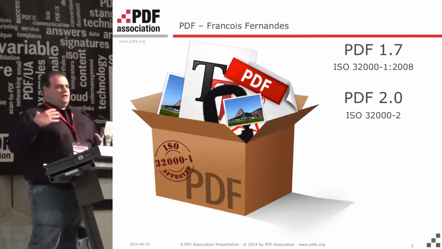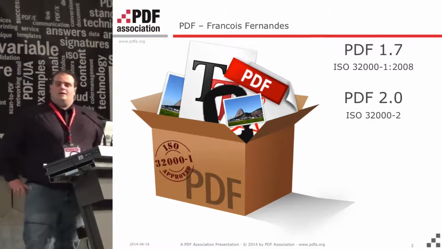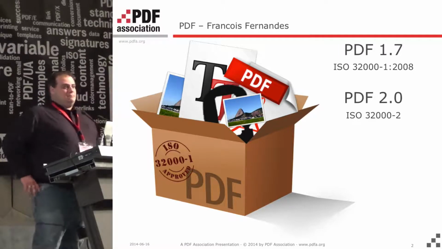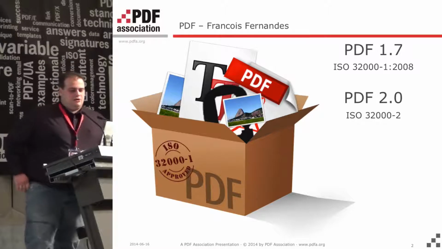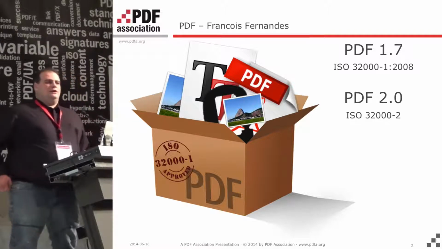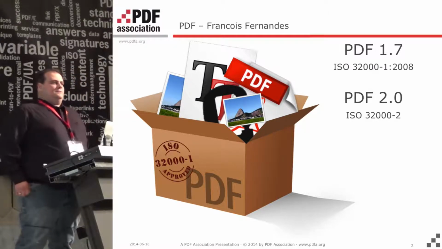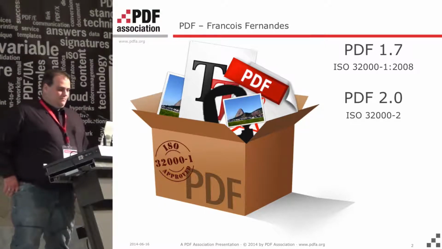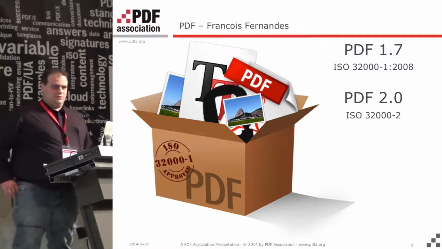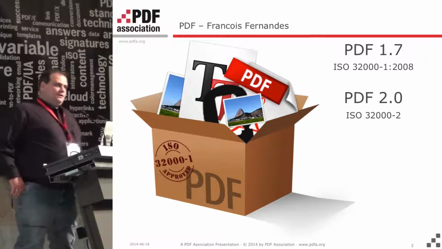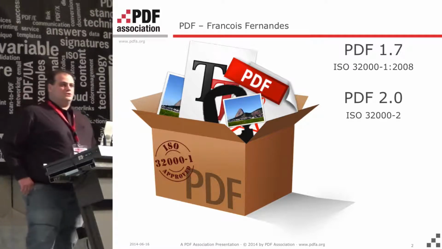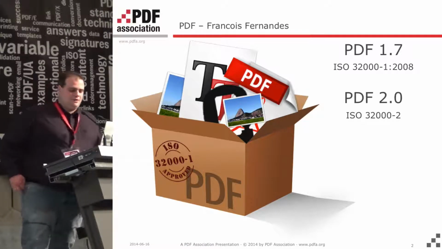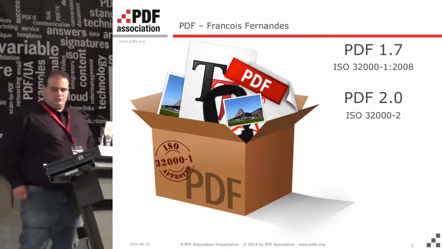That standard, originally driven by Adobe, now is a published ISO standard called the ISO 32000-1:2008. That was the release date of the ISO 32000-1. Now, upcoming is the version 2, PDF 2.0, which will be the 32000-2.